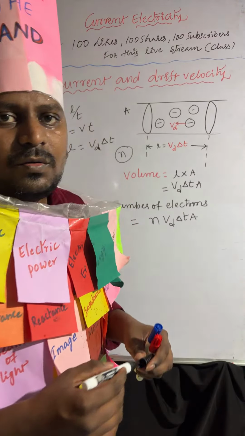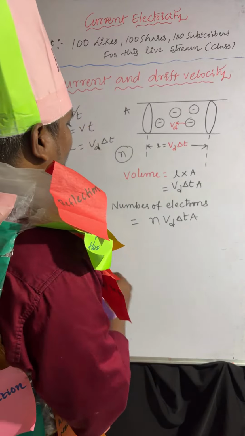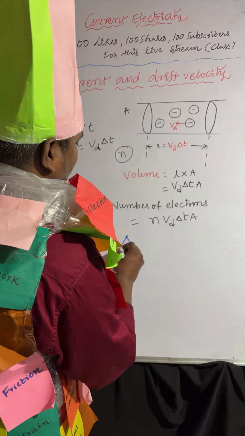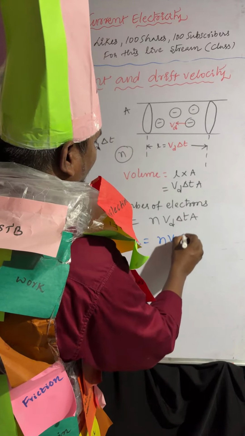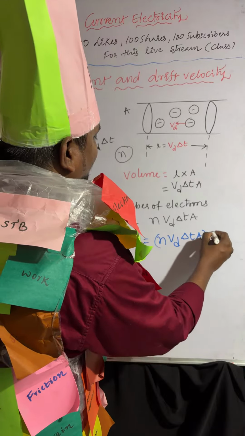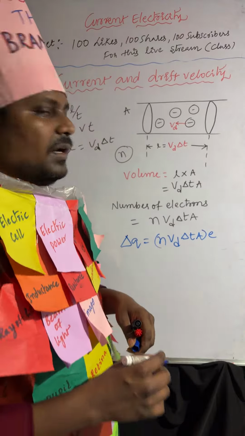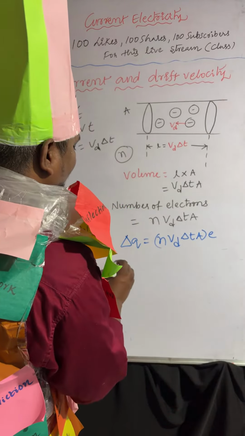Okay. So now we know the flow of charge. What is the flow of charge formula? So delta Q equal to n into Vd into delta T into A into e. Understood? Now, what is the current formula?